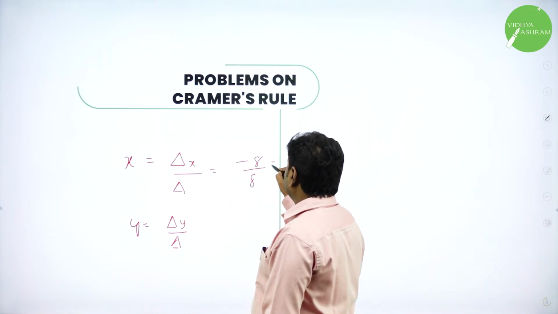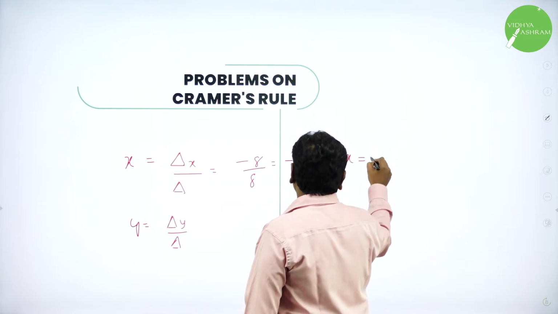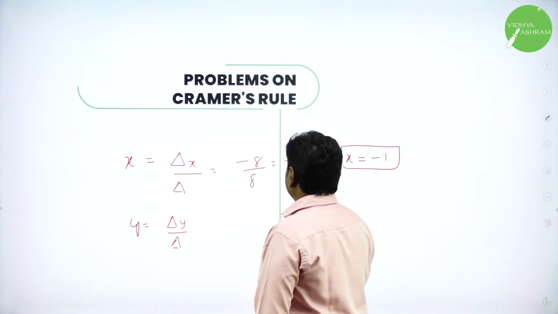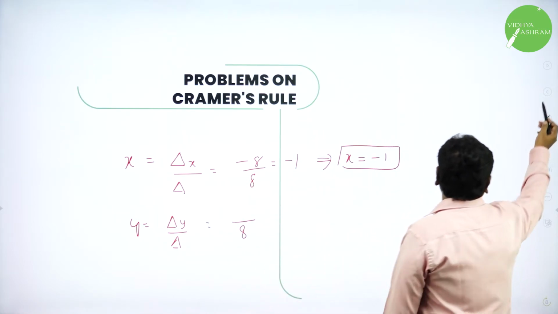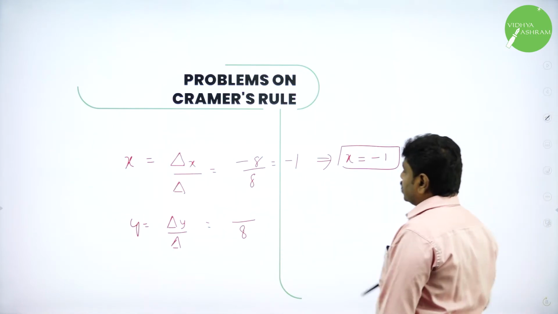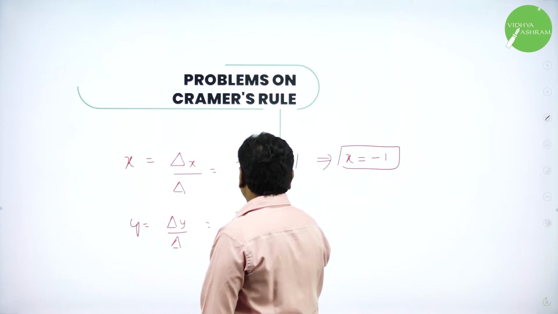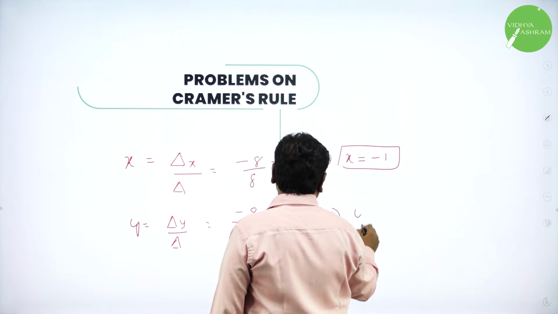Minus 8 by 8 is what? Minus 1. So the x value is minus 1. And y is delta y by delta. Delta is minus 8, and delta y, what did you get? Minus 8. So minus 8 by minus 8 gives you 1.